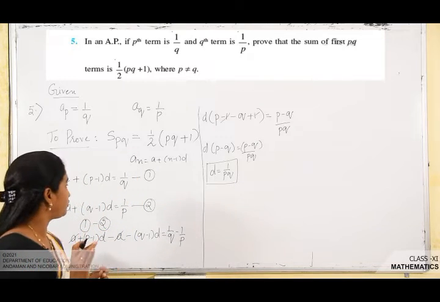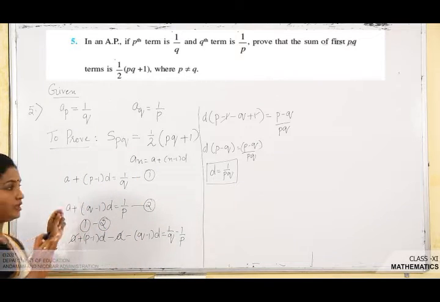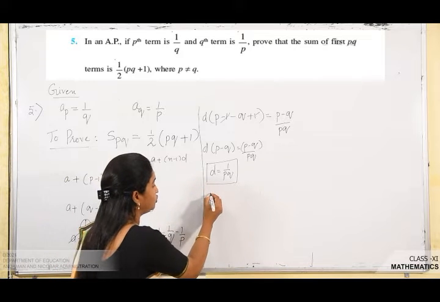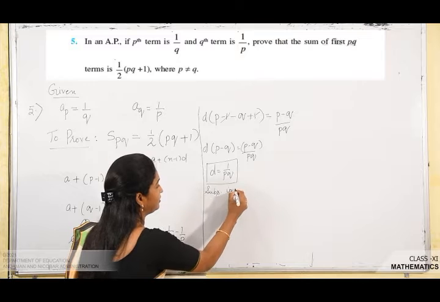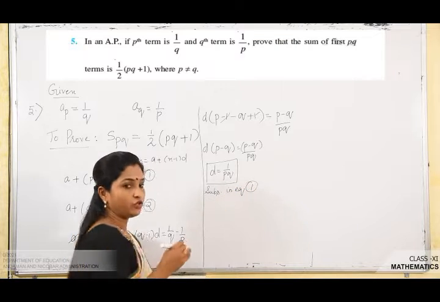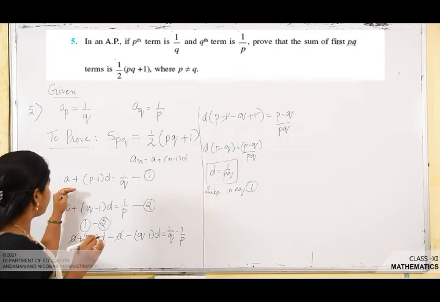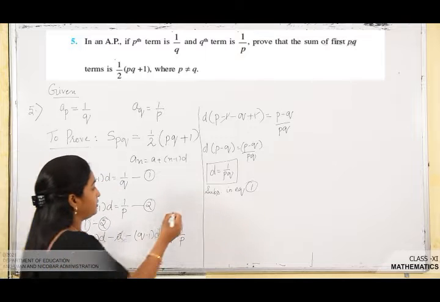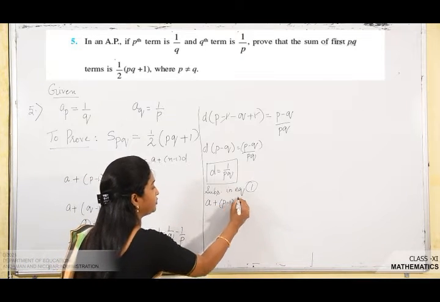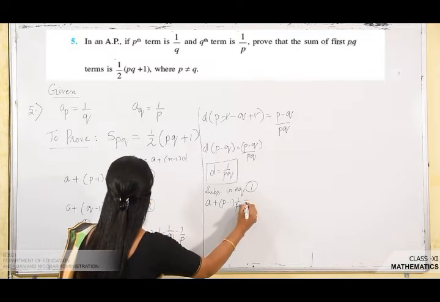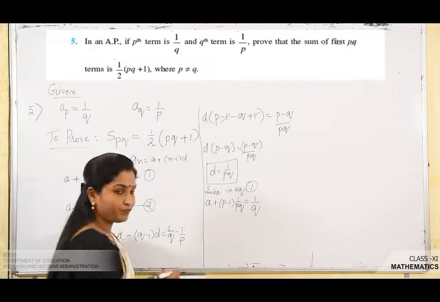Now you have to find the value of a. So what you will do here is substitute in equation 1. When you substitute the value of d in equation 1, you get a plus (p minus 1) into 1 by pq is equal to 1 by q.